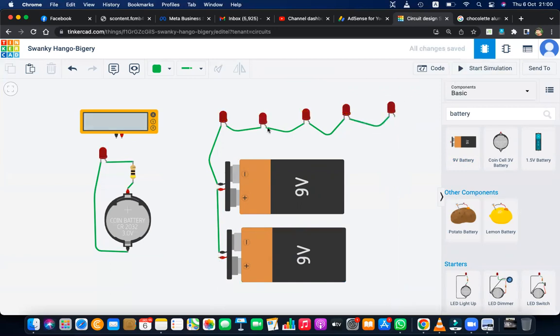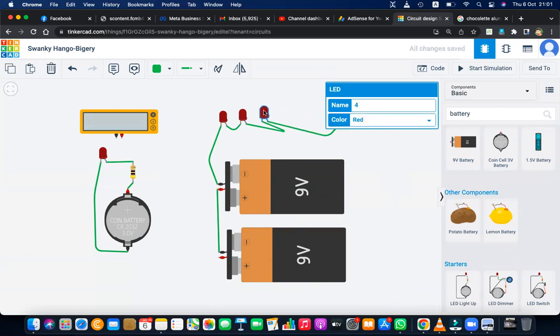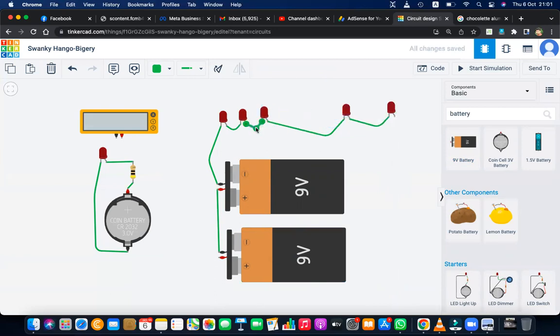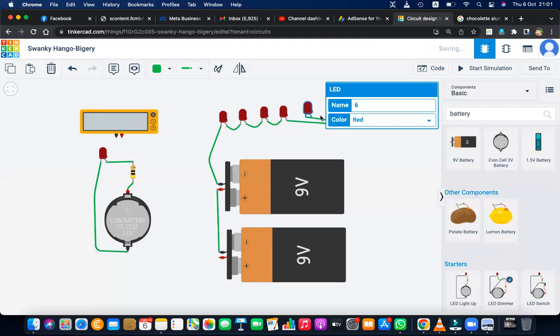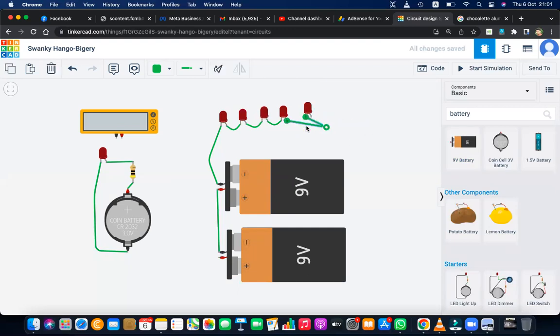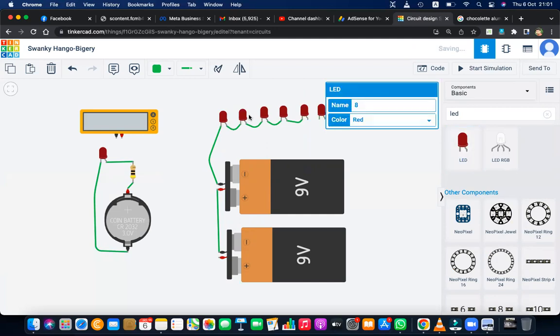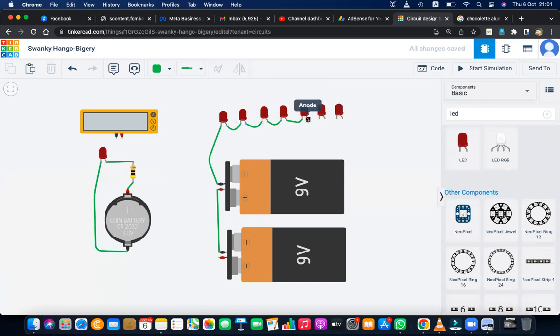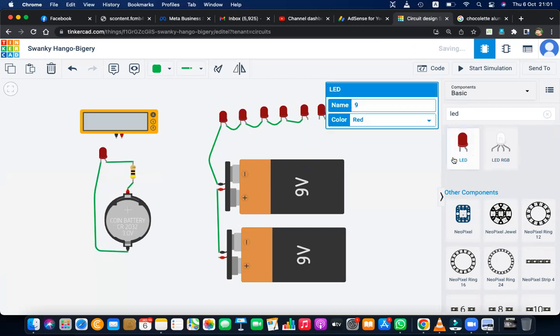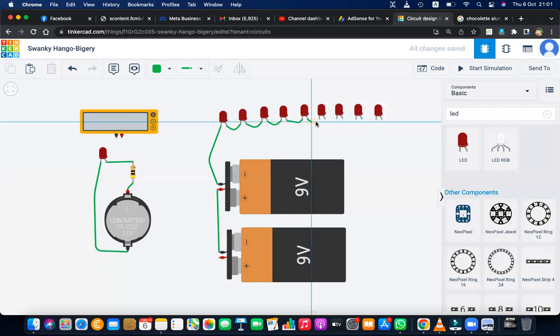So let's add more bulbs. Each bulb takes about 2 volts, so with 18 volts we can put about 9 bulbs.